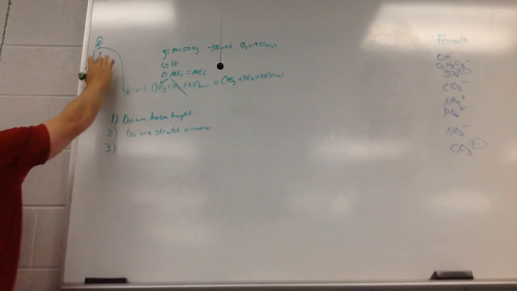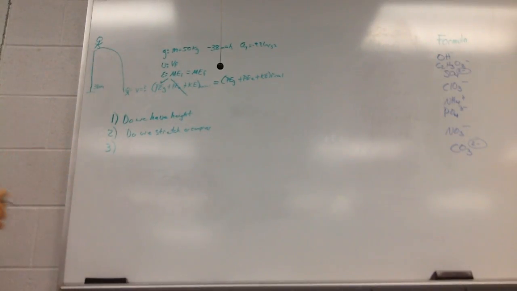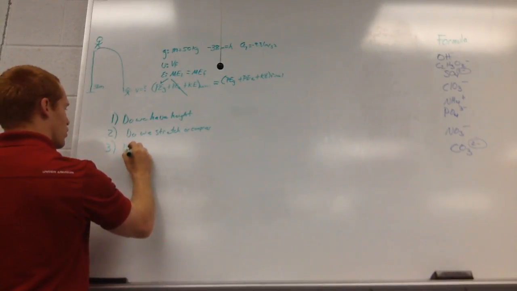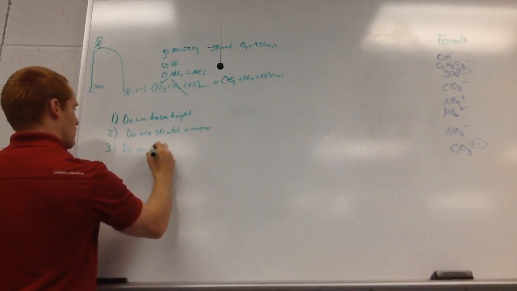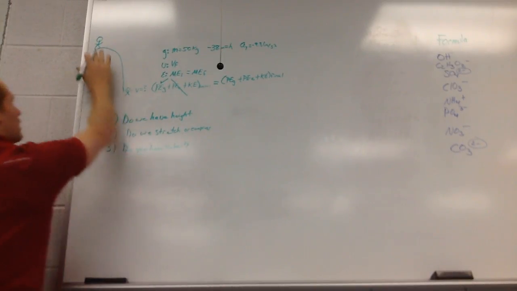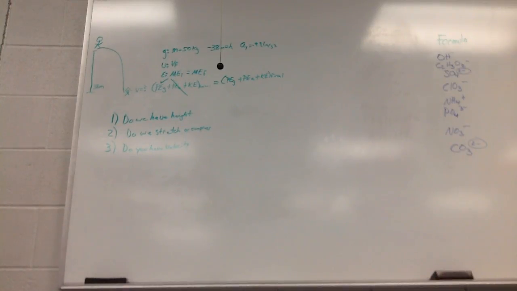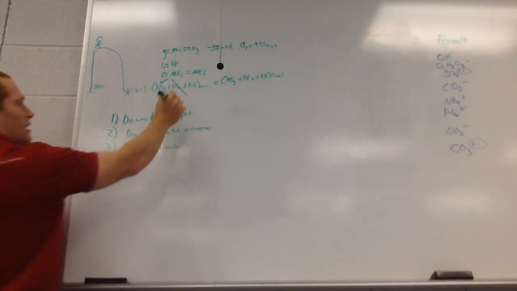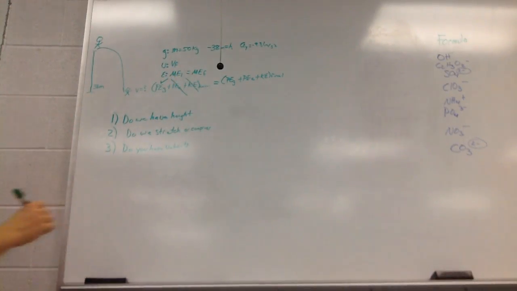If he starts up here and he hasn't moved yet, does he have any velocity? So question 3 is, do you have velocity? And at the beginning, he has no velocity before he starts going down the slide. So we do not need kinetic energy for the initial.